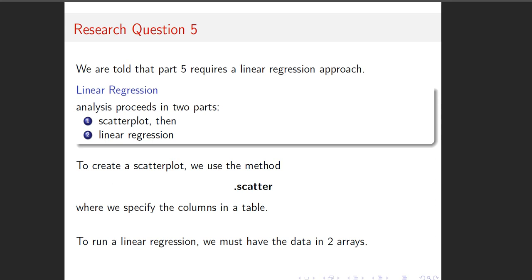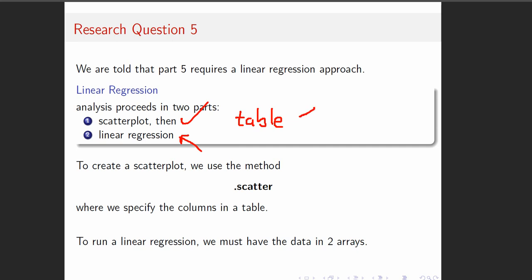Now, research question 5 is linear regression, and there are 2 steps. The first thing I do is a scatter plot. Now, remember that scatter is a table method. Okay, so that's the only time I'm using a table method. And then the second step is to do a linear regression.